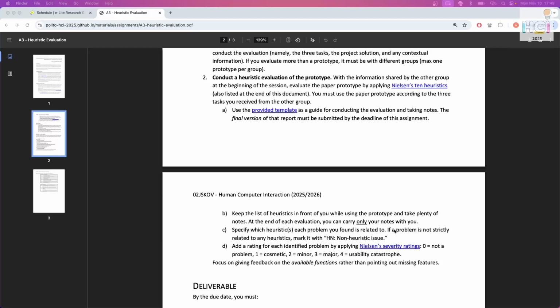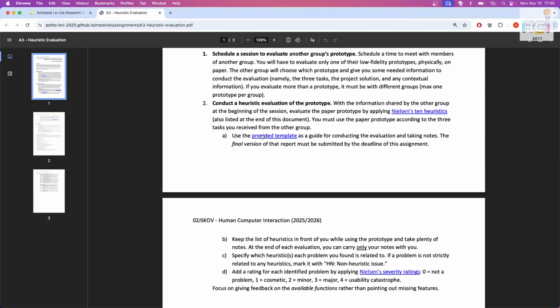And if a problem is not strictly related to any heuristics, you can still mark it with this label, non-heuristic issue. So you can also highlight problems that are not directly related to the heuristics, but that you still want to highlight to the design team. And of course, for each identified problem, also apply the Nielsen severity ratings with the scale we have seen last time here in class, from 1 to 4.